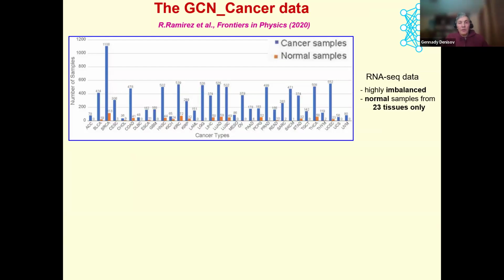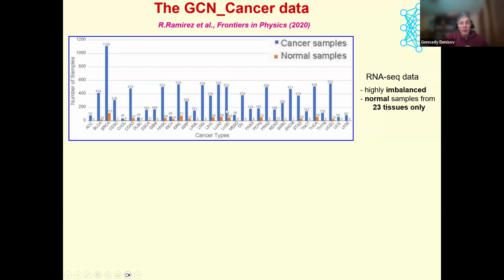As I mentioned, the GCN cancer data involves samples from 34 different types, including normal type and 33 cancer types.